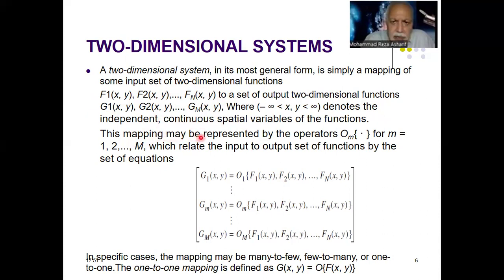This mapping may be represented by O_m for m equal 1 to M, and this matrix is showing the transformation for two-dimensional operators O1 to OM, mapping inputs 1 to N from F to outputs G1 to GM. Generally, the one-to-one mapping is g(x,y) equals O{f(x,y)}.